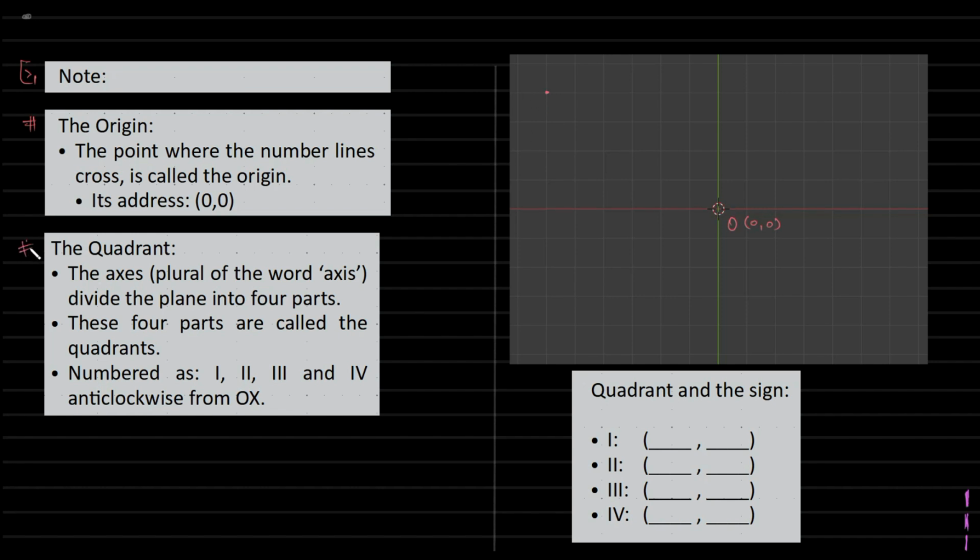Next is about quadrant. Quad. What does quad mean? Quad is 4. Quadrant is 4 parts. So where are these 4 parts? We have x and your x dash, that is your x axis, and y and y dash. So these axes divide the region into 4 different spaces.